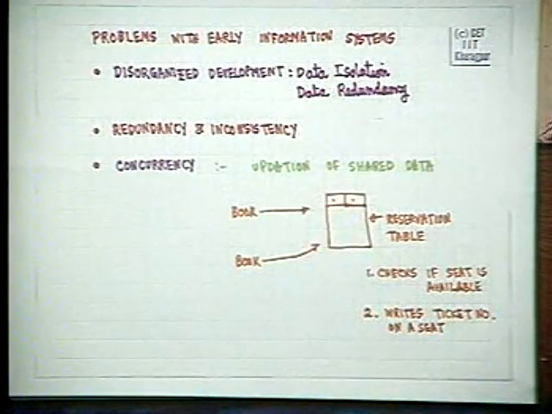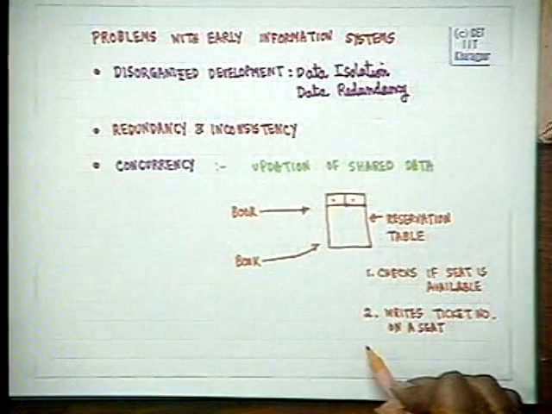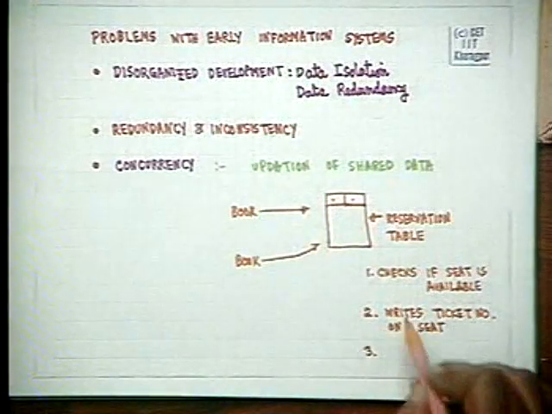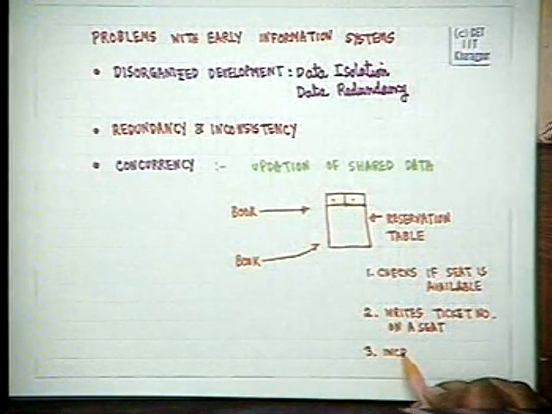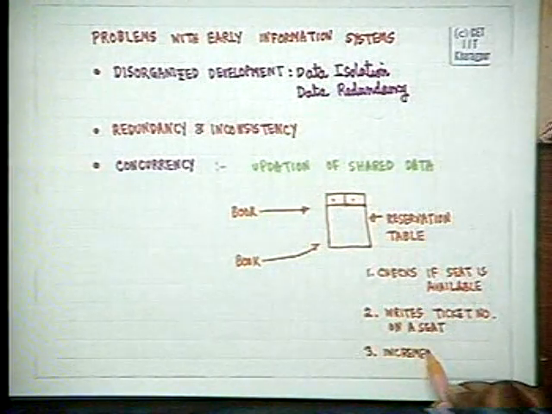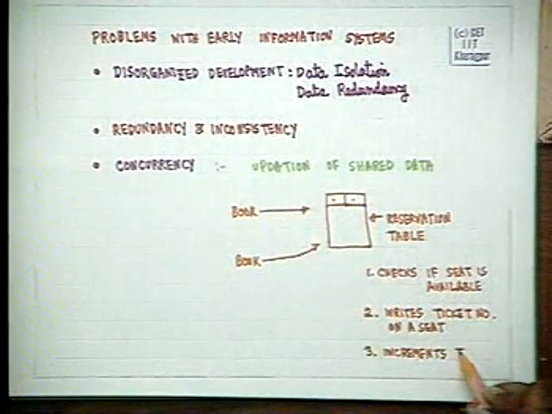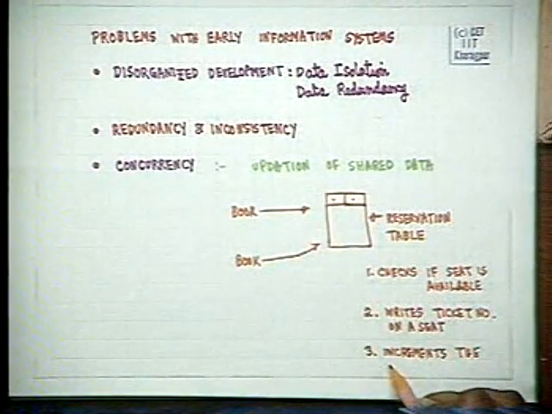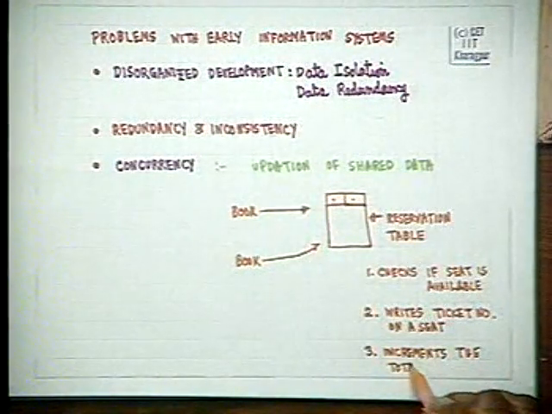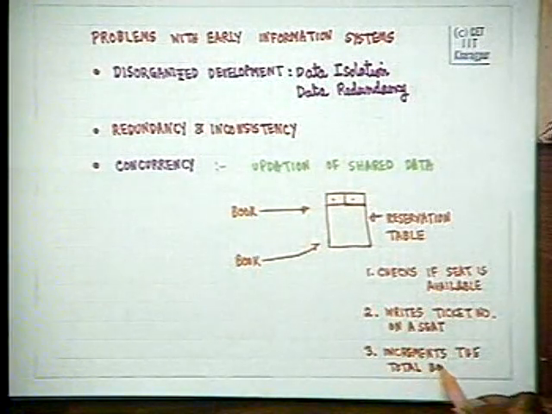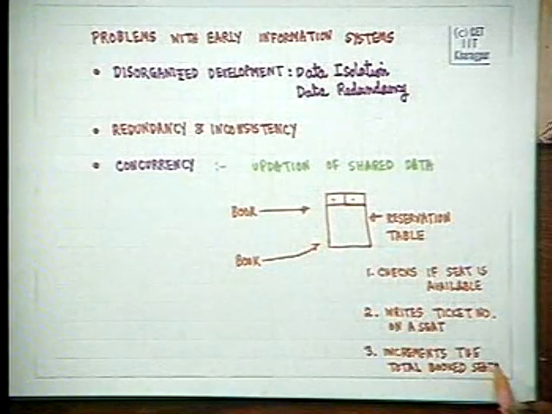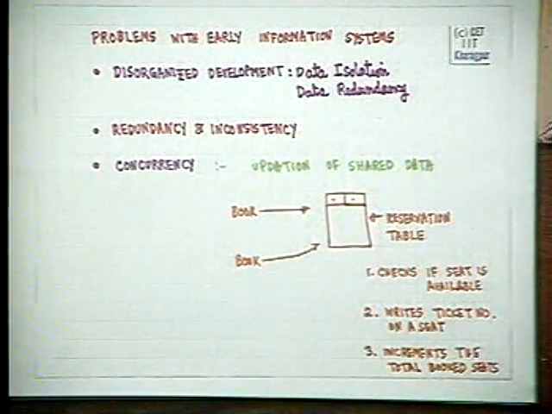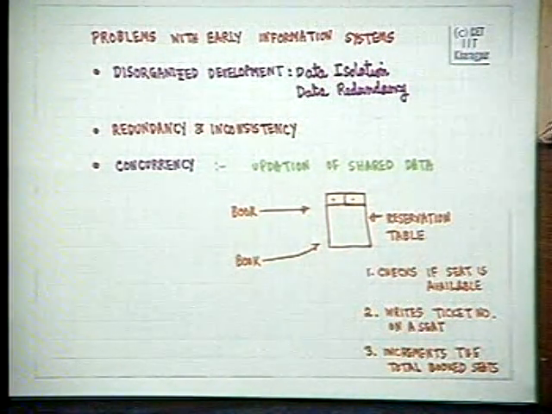So for a particular seat it writes down that ticket number, and the third thing it does is, if seat is available, it increments the total seats counter, total booked seats.